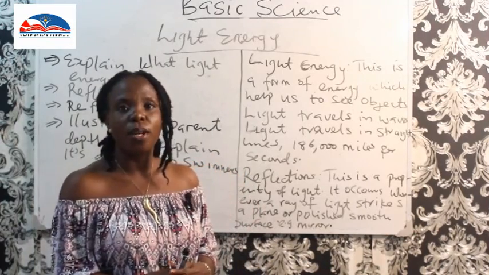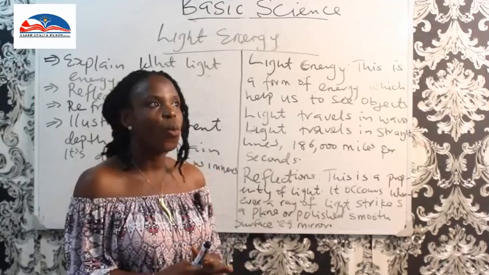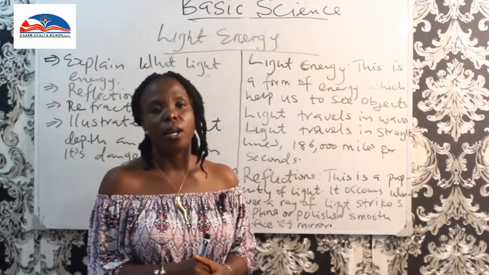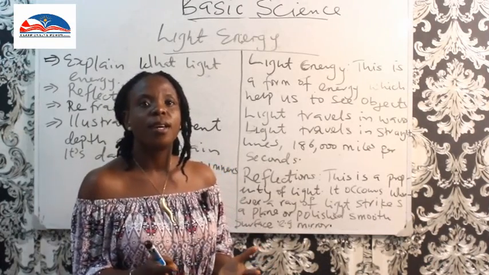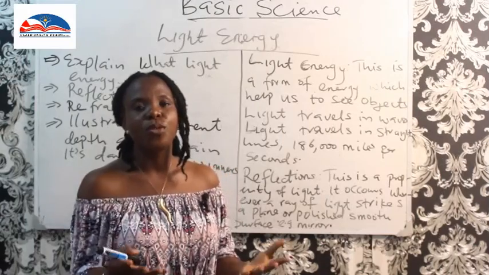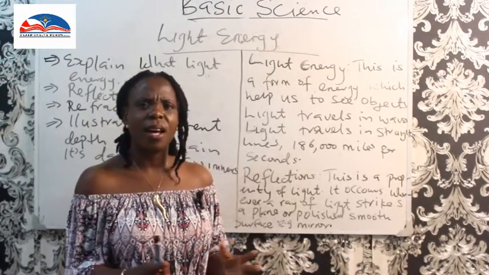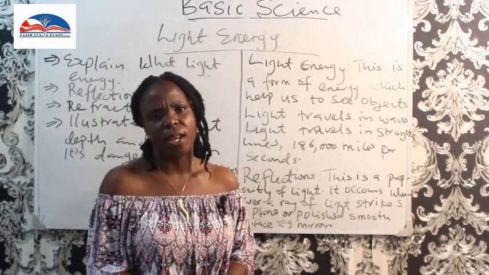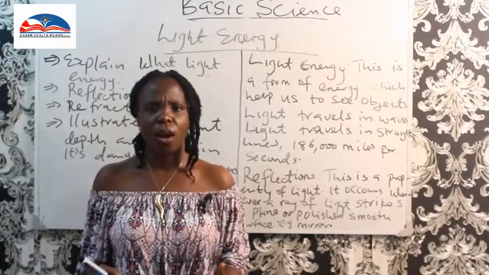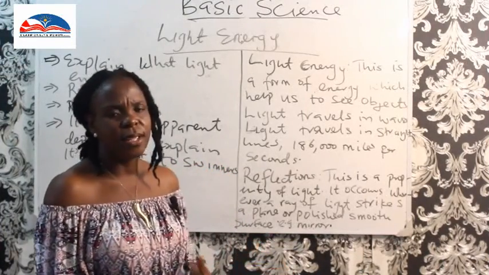Light energy can be seen in the sun. It can be seen in electricity. When our wire is electrified and you switch it on, you're going to see light. Firewood can produce light, and it keeps us warm. So these are some sources of light energy: the sun, electricity, and firewood.